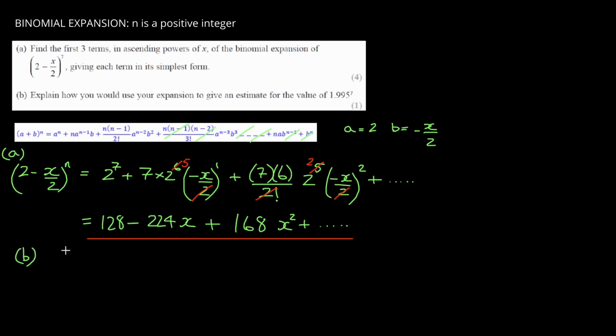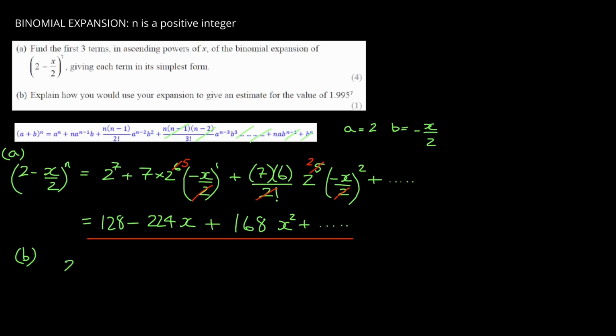Part B. Now we don't have to do any calculation of 1.995 raised to the power 7, but we've got to explain how we would do it using our expansion here. Well, if we want to calculate 1.995 raised to the power 7, this is our expression for 1.995.